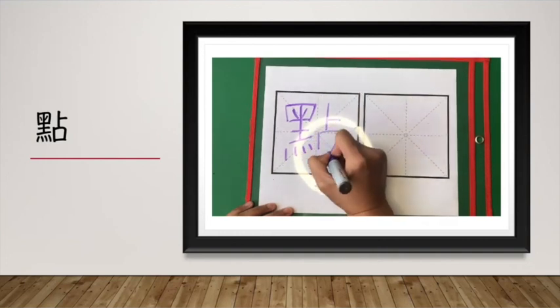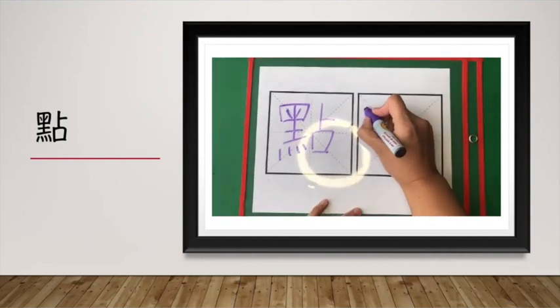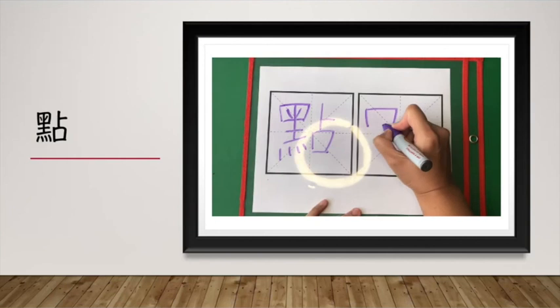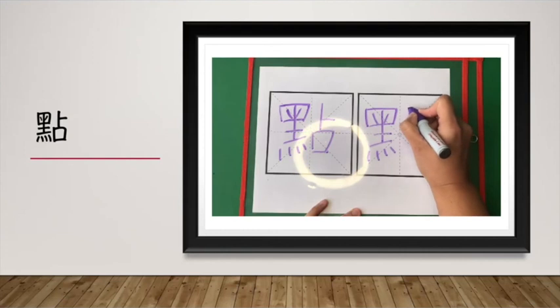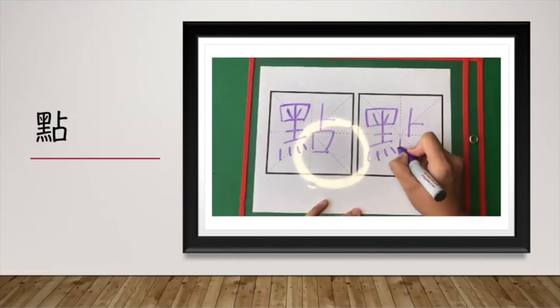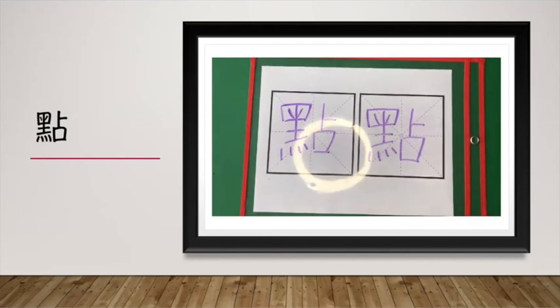The word 點 has many meanings, as I have said. It could mean, how is it going? 點啊. But it could also mean a little dot. 點, 一點, a little. We also use it as a way to say the time, like 1 o'clock. In Chinese, we say 1點, 2 o'clock, 2點, 3 o'clock, 3點, and on and on. It shows us the hour.